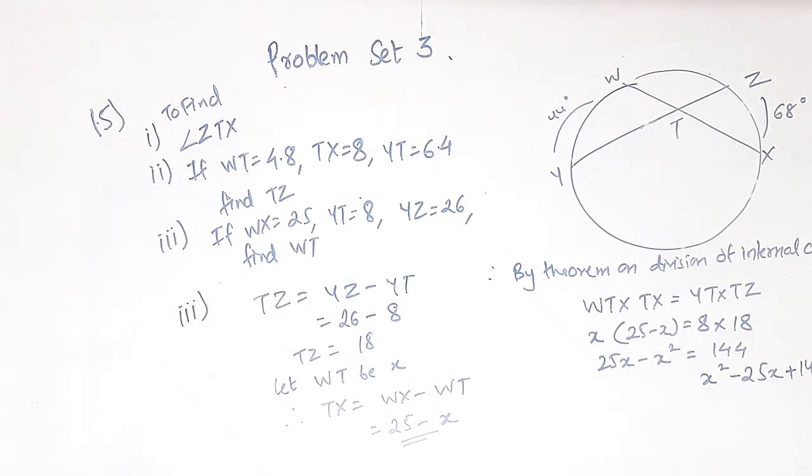So x square minus 25x plus 144 equals 0. What are the factors of 144 such that I'll get 25? Very simple. 16 9s is 144. So you are getting x minus 16, x minus 9 equals 0. So x is equal to 16 or x is equal to 9.